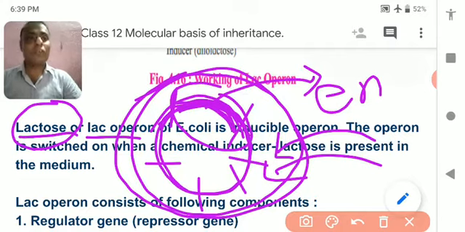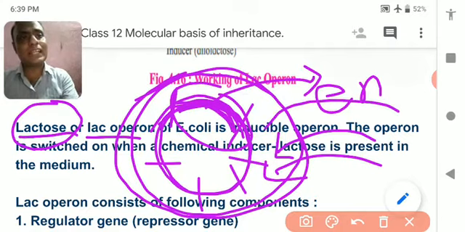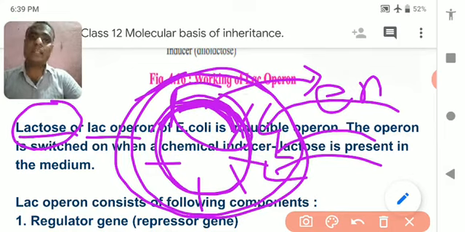Understood? When lactose enters the E. coli, this part of the DNA, that is the lac operon, gets activated and produces three kinds of enzymes according to the arrangement in the structural genes, and these enzymes obviously help in the digestion of lactose.